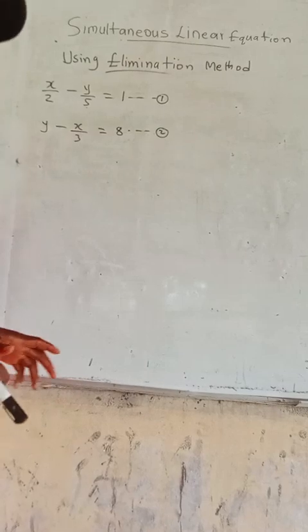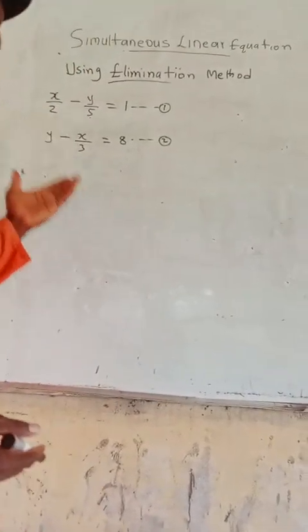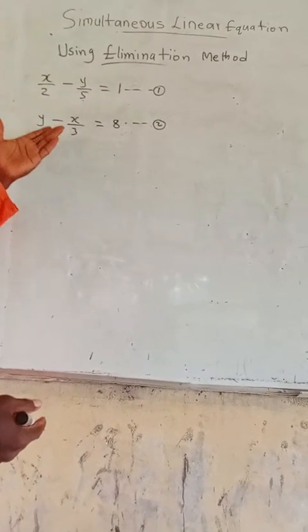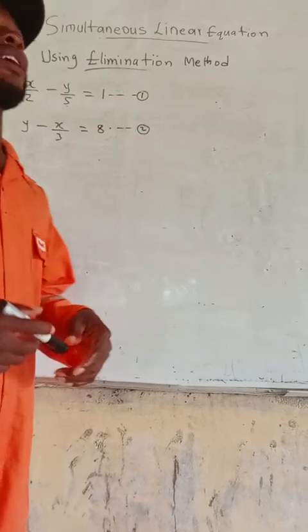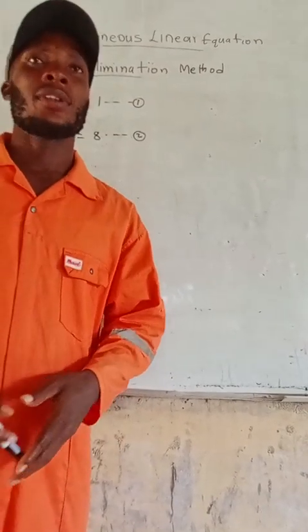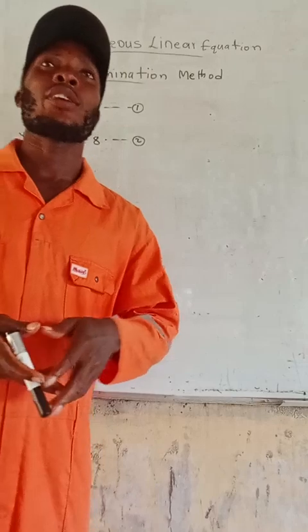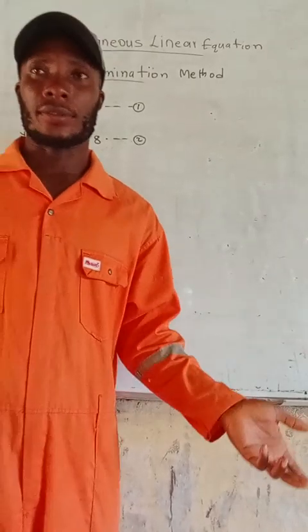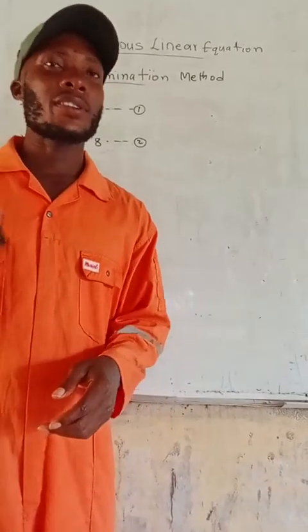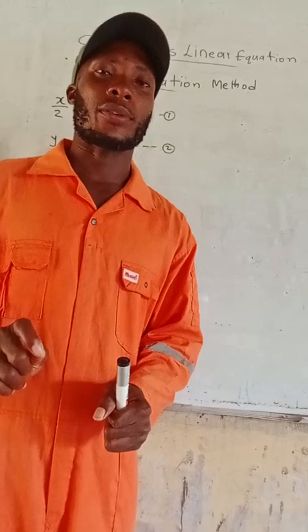Okay? Now, if you look at these expressions, you're going to see that they contain fractions. In any equation that contains fractions, and I'm giving you the secret, the first thing you think of is the LCM of the denominators.